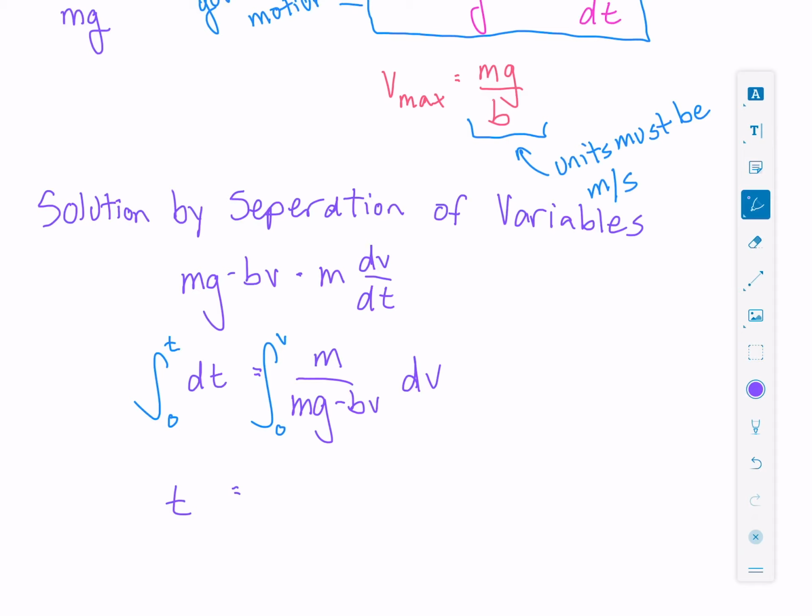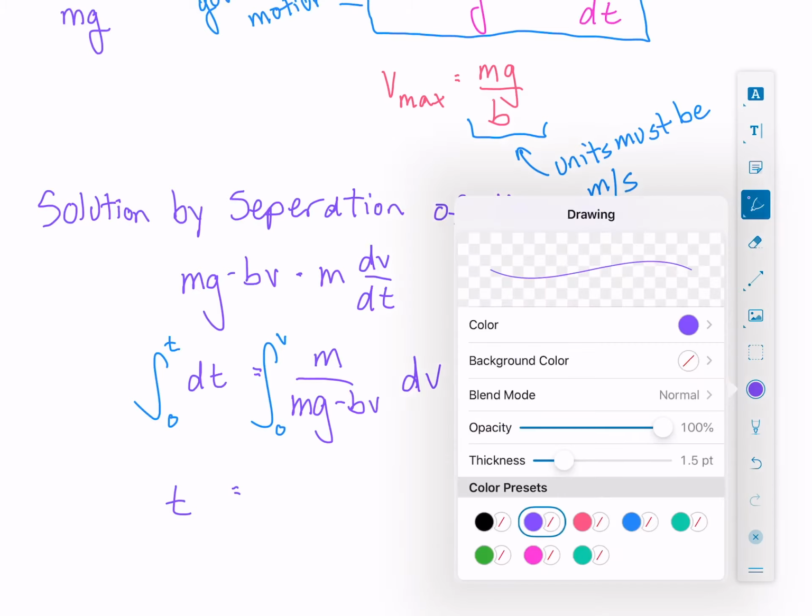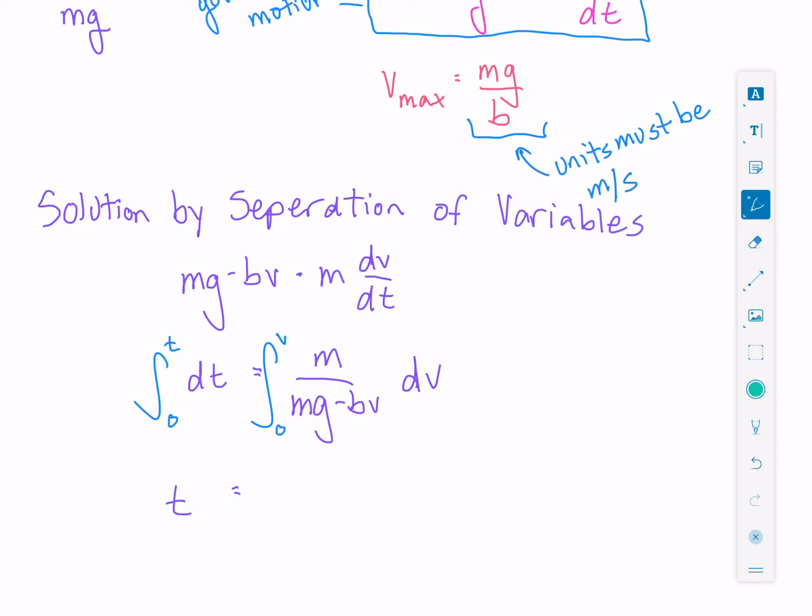On the right side, we need to do u substitution. Woohoo! Hopefully you remember this. If not, here's your little refresher. I'm going to simplify this. So we're going to say let u equal mg minus bv.